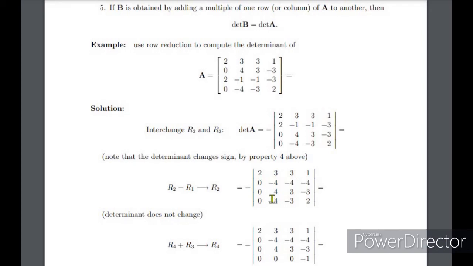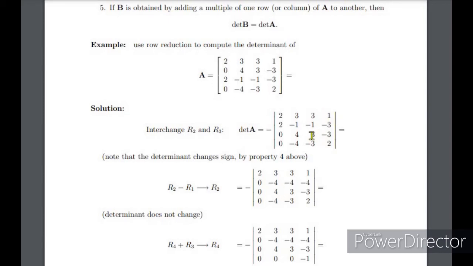So here, 2 becomes 0 because we subtract the element of the first row, which is 2, from the element of the second row, which is 2. So 2 minus 2 is equal to 0. That's why it is 0 here. Next, negative 1 minus 3 is equal to negative 4. That's why it is negative 4 here.